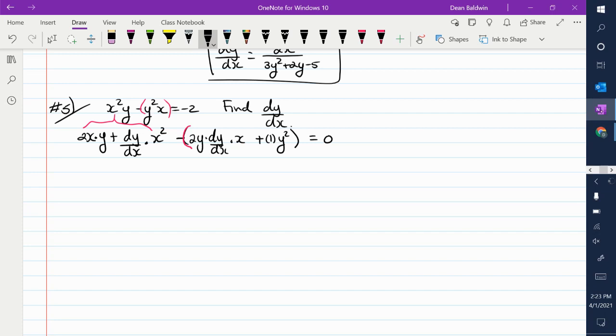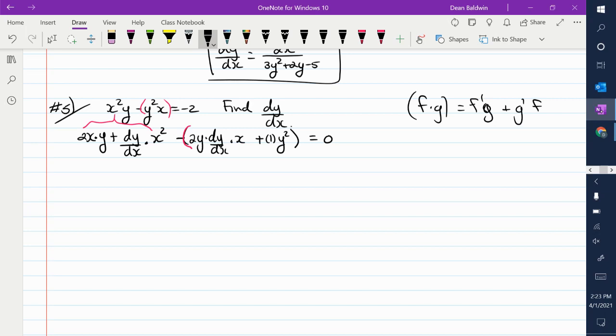Here? This? Because this bit, here's product rule, right? f times g, if I'm doing the derivative, it's f prime times g plus g prime times f, right?